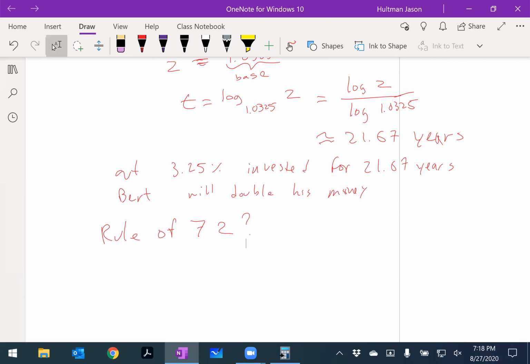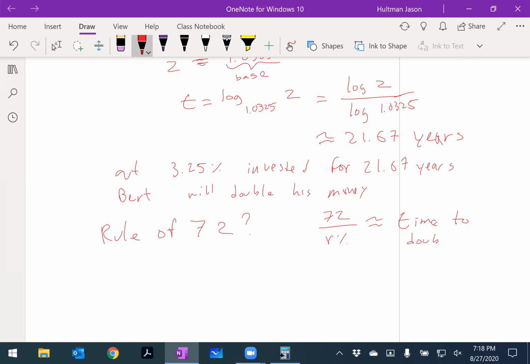We'll see why this works a little bit later when we talk about natural exponents and logarithms, back in chapter 2. But the rule of 72 says that if you take 72 and divide by your interest rate, R, as a percentage, that will give you the approximate time to double.